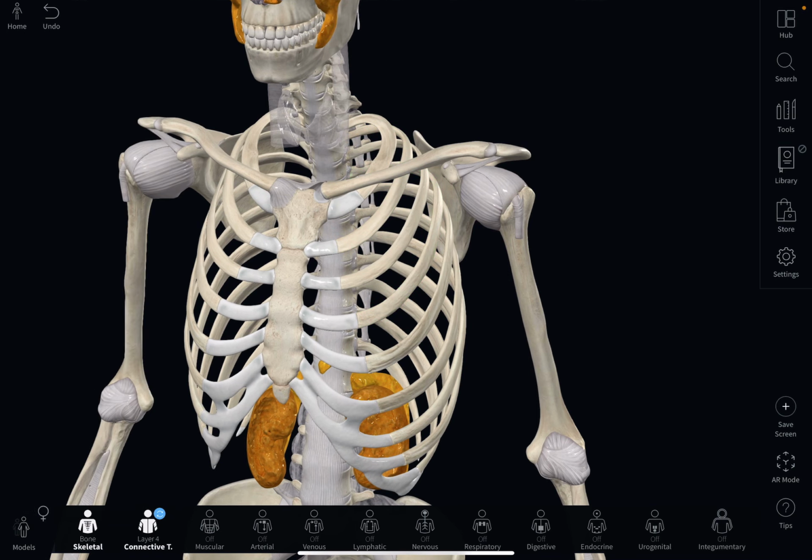Similarly, when you look at the posterior aspect of the lateral one-third, you will see the posterior border. So this is about the medial two-third. Now the lateral one-third has two surfaces and two borders.